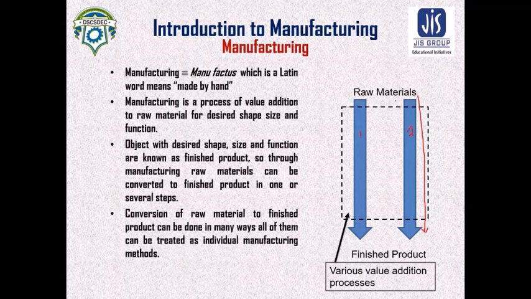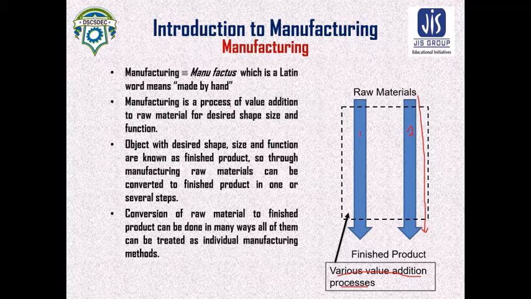All these processes take us from raw material to finished product. When in every process we get the finished product as desired, these various value addition processes are known as manufacturing. Okay. Now another thing is important here.